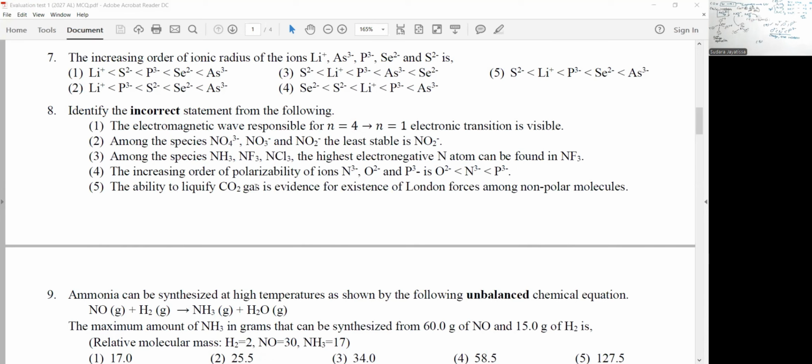That means in a liquid there are intermolecular attractions. So nonpolar CO2 has intermolecular attractions. That intermolecular attraction must be London forces. That's good evidence to prove that even nonpolar molecules can make attractions.